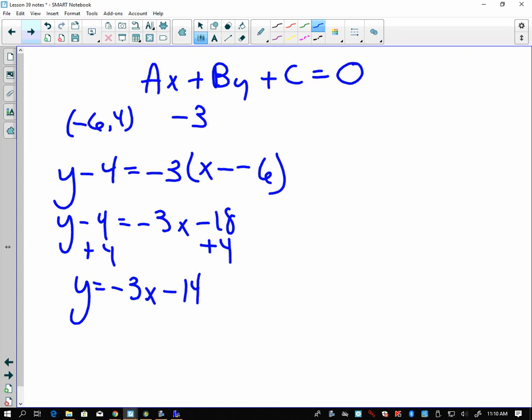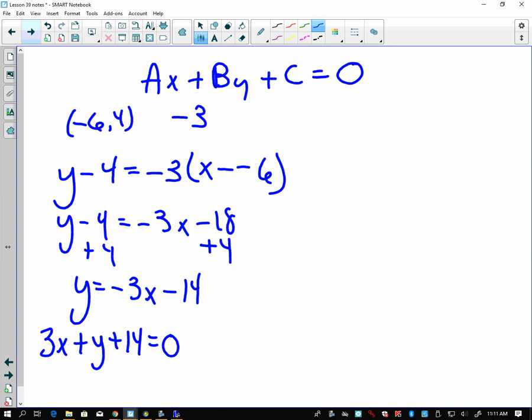All right, so first thing first, it wants the general form of the equation, right? So the general form means I got to move everything to the left-hand side. So that's giving me 3x plus y plus 14 equals 0. Do we get that?